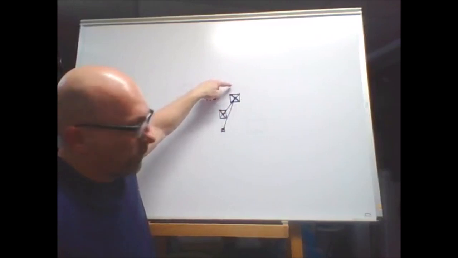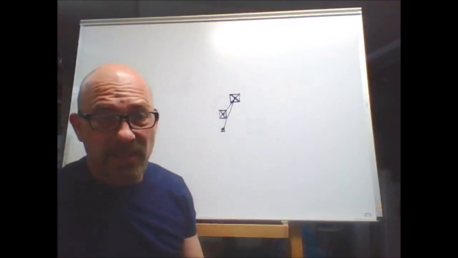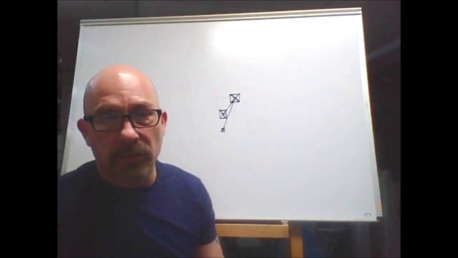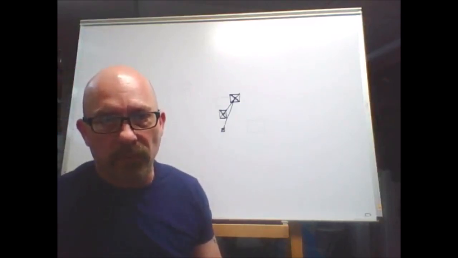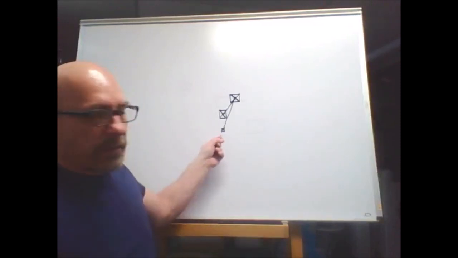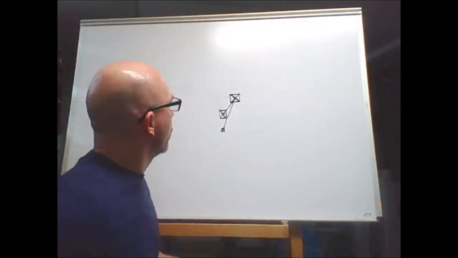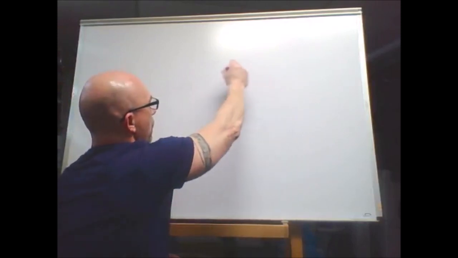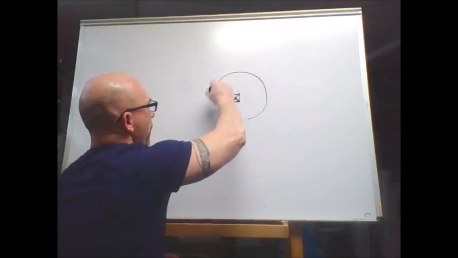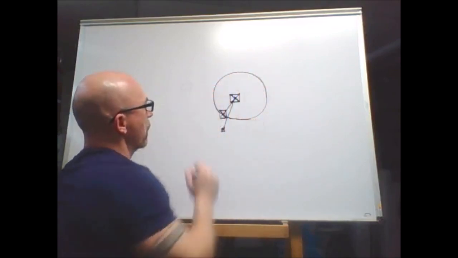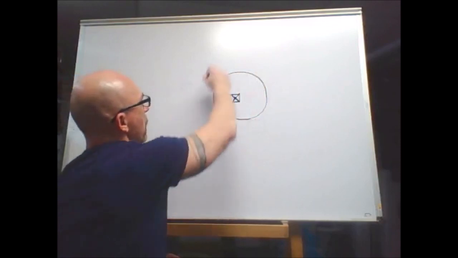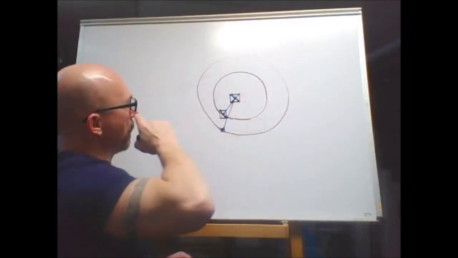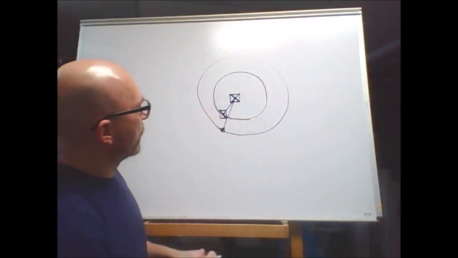If I take Khufu and make it the Sun, and then I say Khafre is Jupiter, and then Menkaure is Saturn, and I say that's the Sun, and then this is the orbit of Jupiter, and this is the orbit of Saturn.